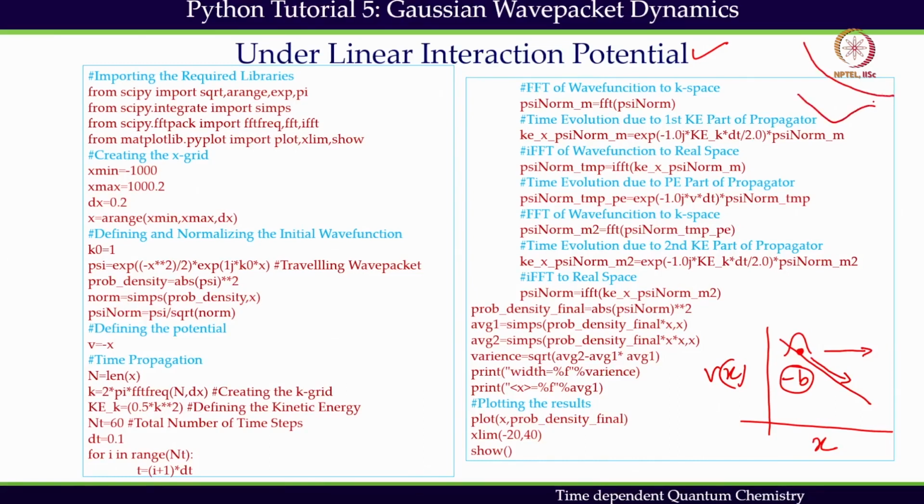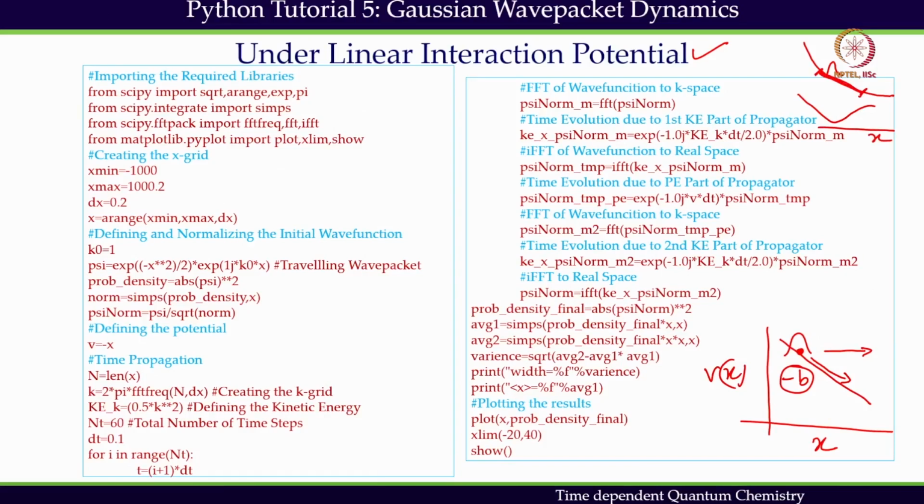This is the ground state and this is the excited state, and I have created a wave packet here, and for a short region the potential can be considered to be linear as a function of space.